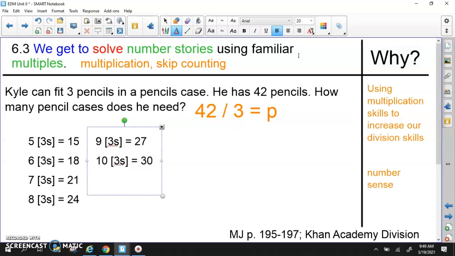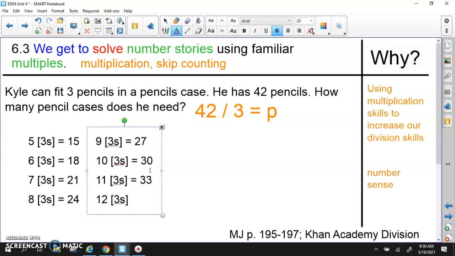We're getting closer to that 42, right? What are 11 threes? Well, let's go all the way. This is what we're doing. What are 11 threes? What's 10 threes? And then you do one more 3, so you're adding 3 to 30. 33, exactly.